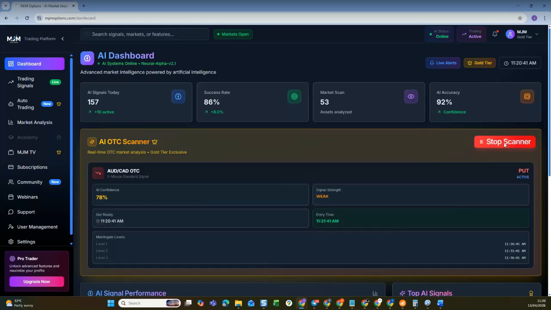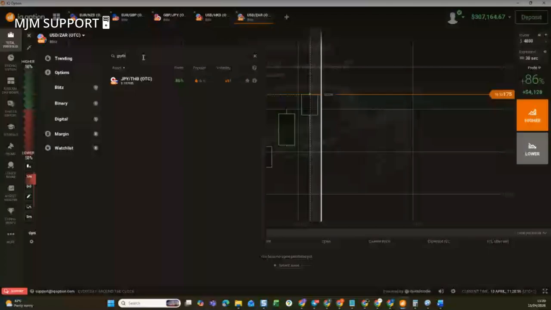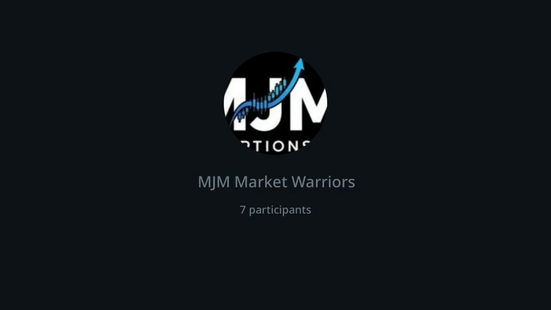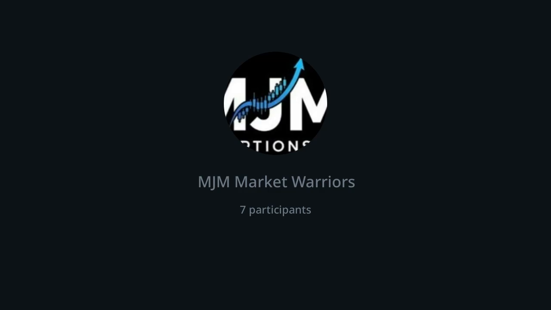So let's go. First signal. The first signal is JPY-THB. That is the very first signal for the live section. And what direction are we going?